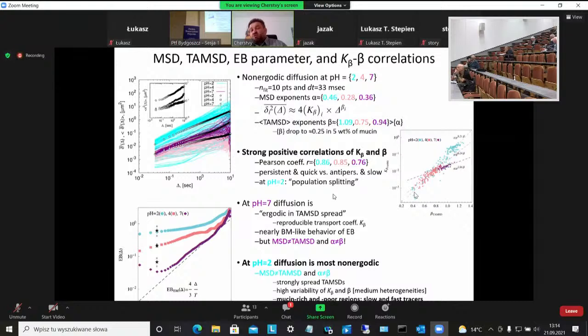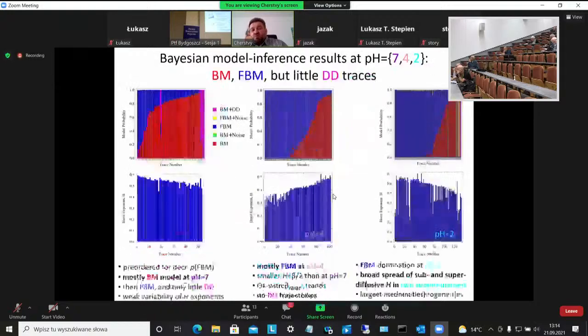So transport coefficients are correlated with the exponent. So these are slow trajectories, and up there are fast trajectories in terms of exponent and diffusivity. And this population splitting of blue trajectories you also instantly see, because these are two subpopulations we observe. So at pH 2, the diffusion is most non-ergodic.